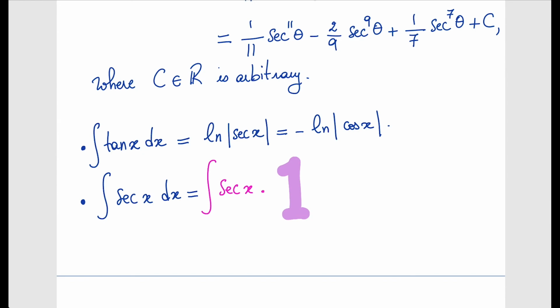And this one is going to look like sec x plus tan x divided by sec x plus tan x. Okay? So this is a 1 here. This quotient is a 1.